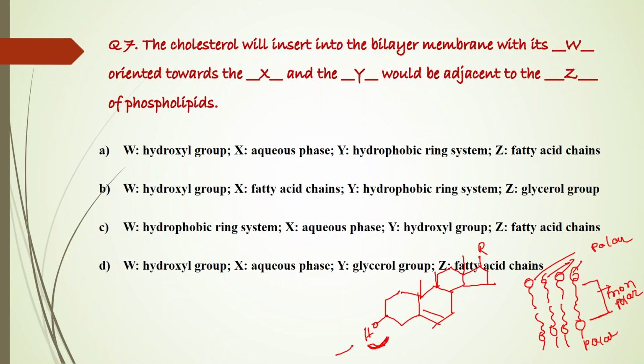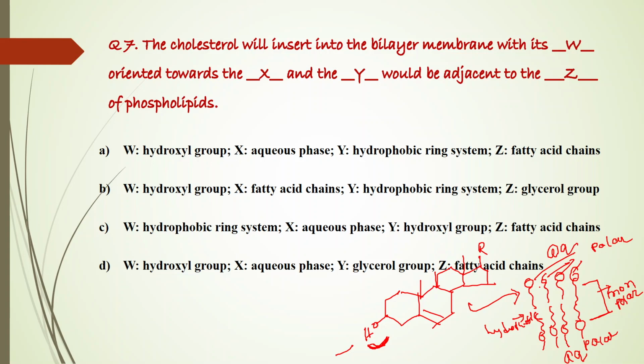In case of cholesterol, its hydroxyl group, the first option, will try to orient towards the aqueous phase. If you look at it, this portion is aqueous phase, this portion is aqueous phase, this is your hydrophobic phase.